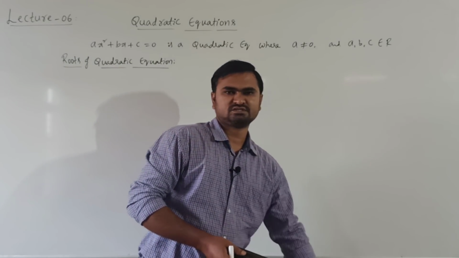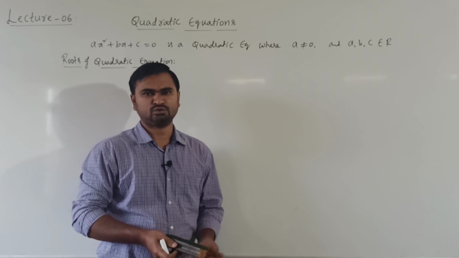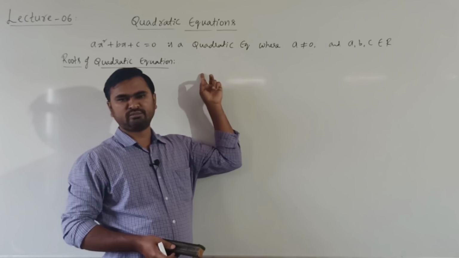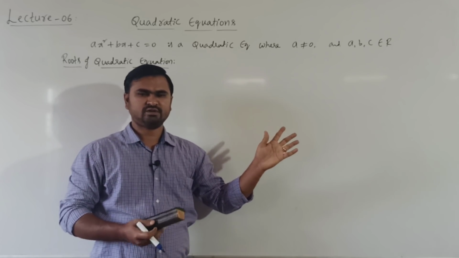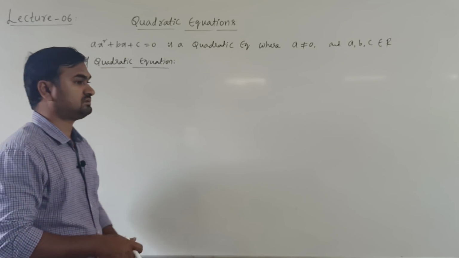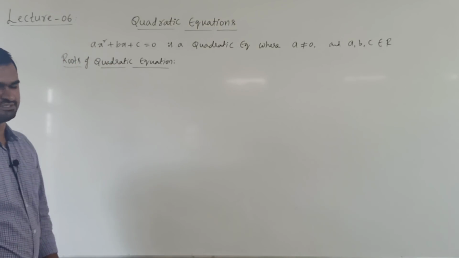In the previous concept we studied that a polynomial equation of nth degree will have n roots. Since it is a polynomial equation of degree 2, how many roots should we get? We should get 2 roots. Maybe the roots are real or maybe they are imaginary. So in total we should be getting 2 roots for this equation.